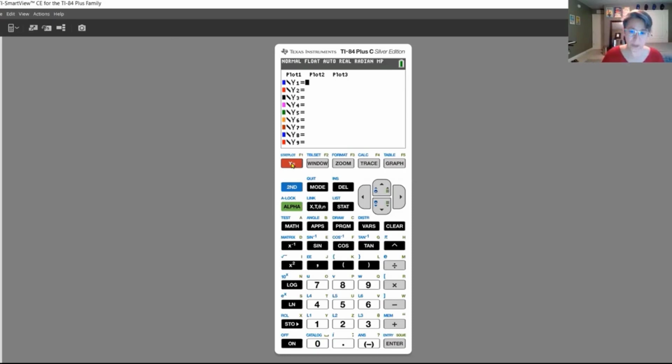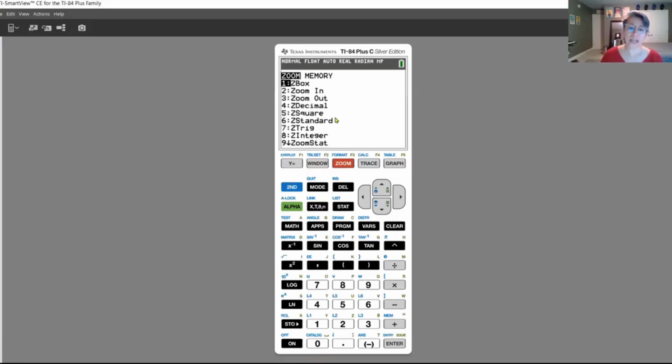Okay, so we have the function x cubed, I'm going to add the exponent, minus 5x squared plus 3x plus 1. Now, in order to graph it, we want to be sure that our window is appropriate.